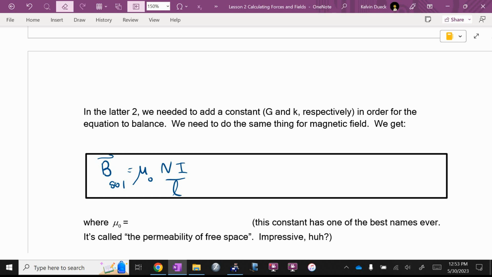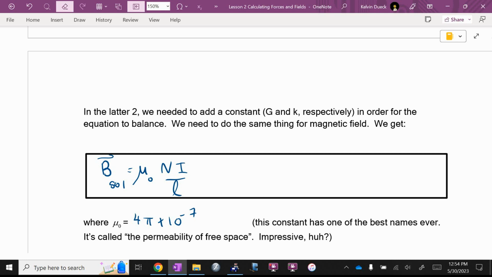The universe really seems to like that number. 4 pi times what? It has the best name. What's it called? The permeability of free space. What did you learn in school today, Joanna? Mummy, I learned that the permeability of free space is 4 pi times 10 to the negative 7. Oh, Joanna, you are ever so clever.